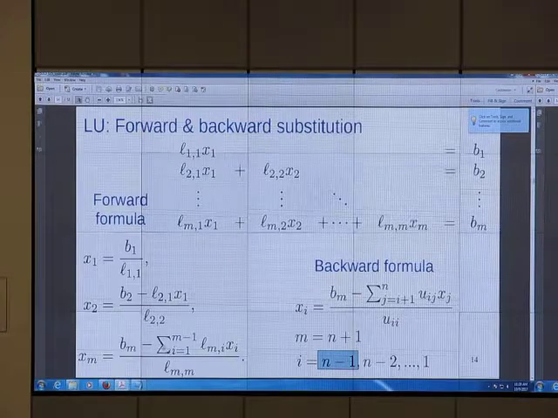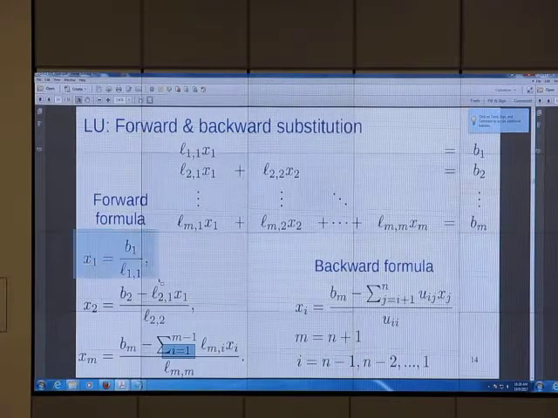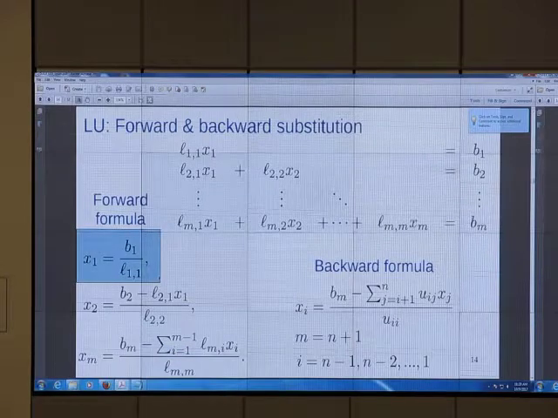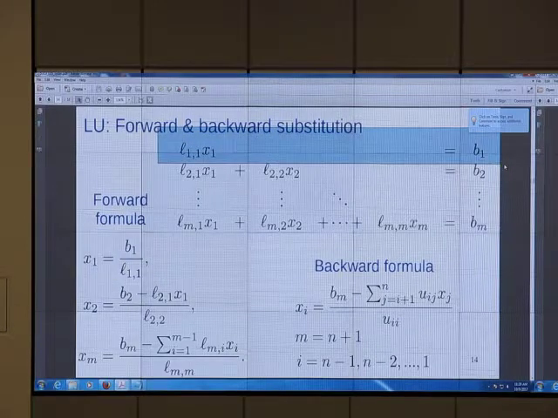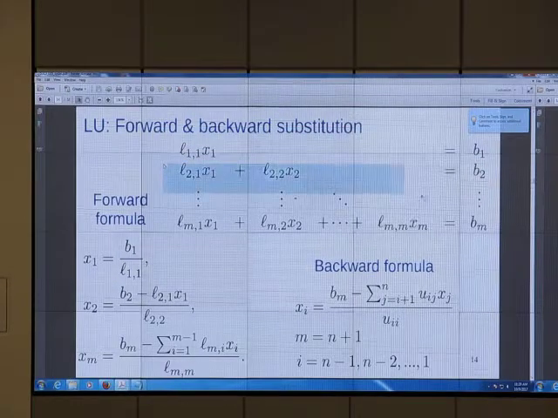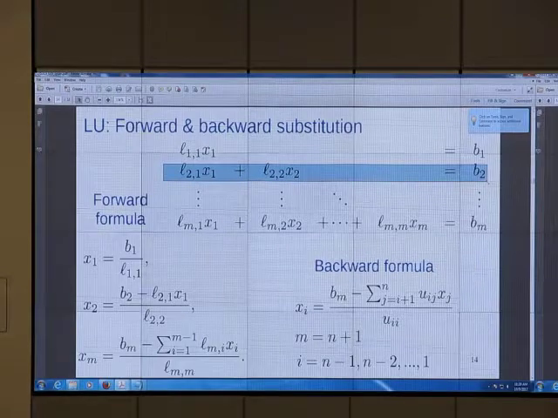But this time I start from the front. So we do this one first: x1 equal to b1 divided by r11. We solve this equation first, then we solve this equation later, and so on. So it's just the opposite of the backward substitution. If you understand the backward substitution already, this is just fine.